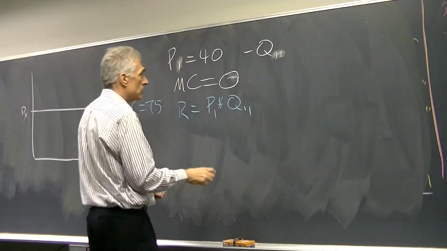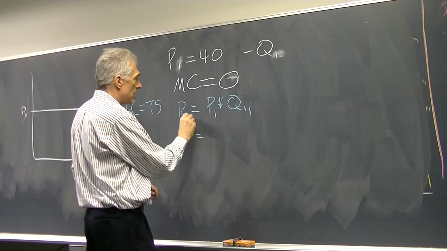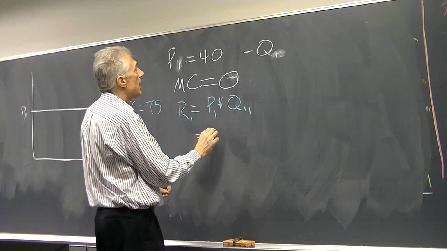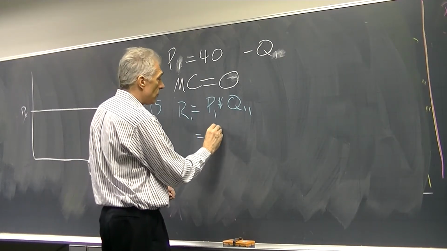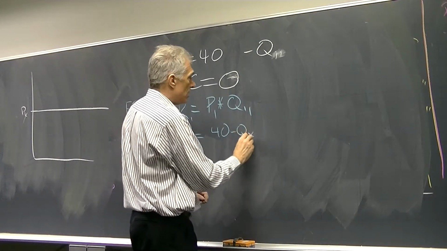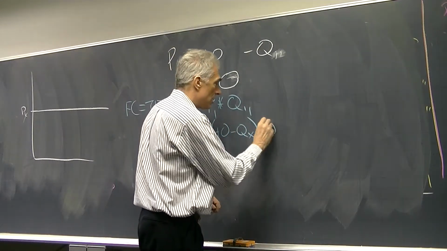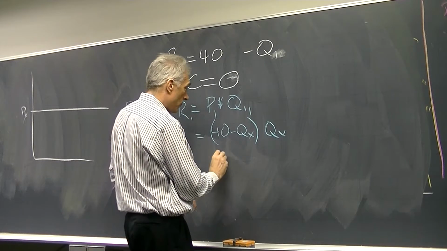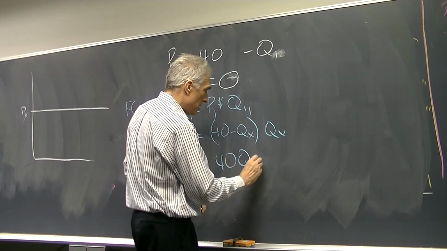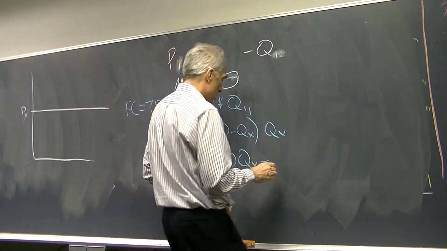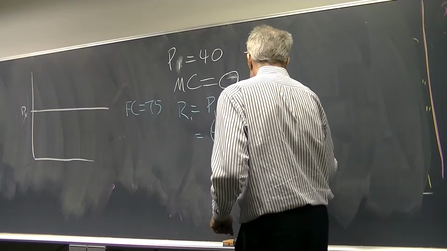Revenue 1 is 40 minus QX times QX, and that's 40 QX minus QX squared.